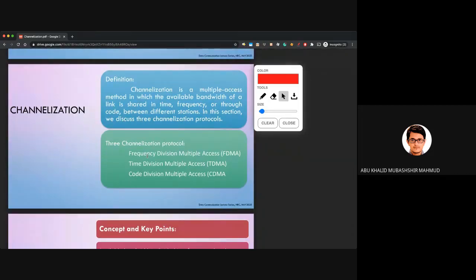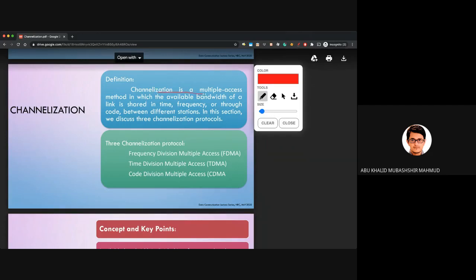So what do we mean by channelization? In a real world scenario, when we watch TV, we see a single channel at a time. So this is what we mean by channelization.